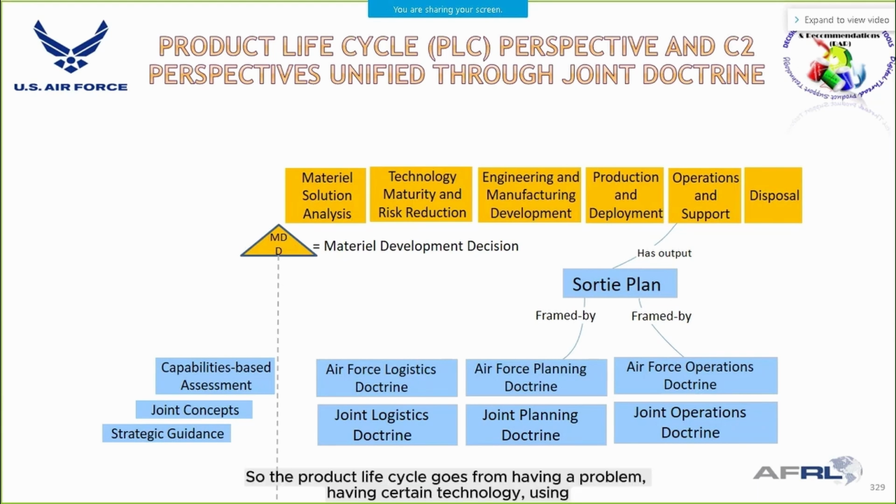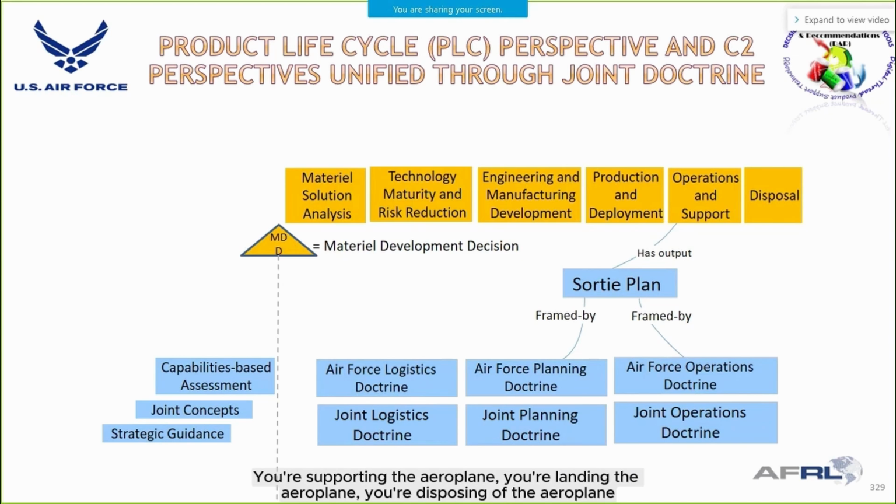So the product lifecycle goes from having a problem, having certain technology, using that technology to engineer, test, and then to manufacture a product. The product gets deployed. There are then operations. So you're flying the airplane, since this is the Air Force Research Lab view of product life cycle.